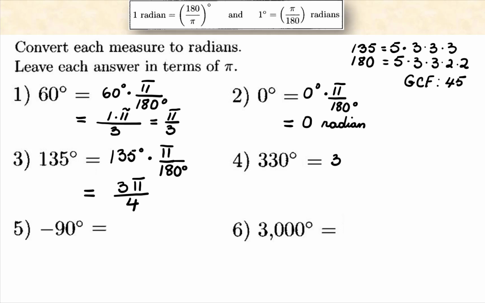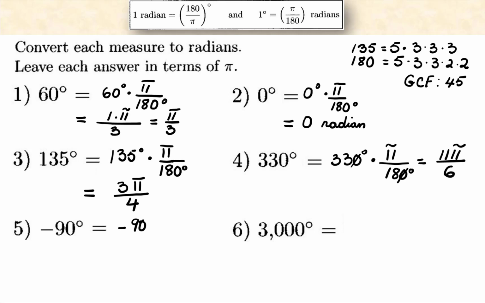330 will be 330 times pi over 180. Cancel the zeros. 33 and 18: 33 is 3 times 11, and 18 is 3 times 6.